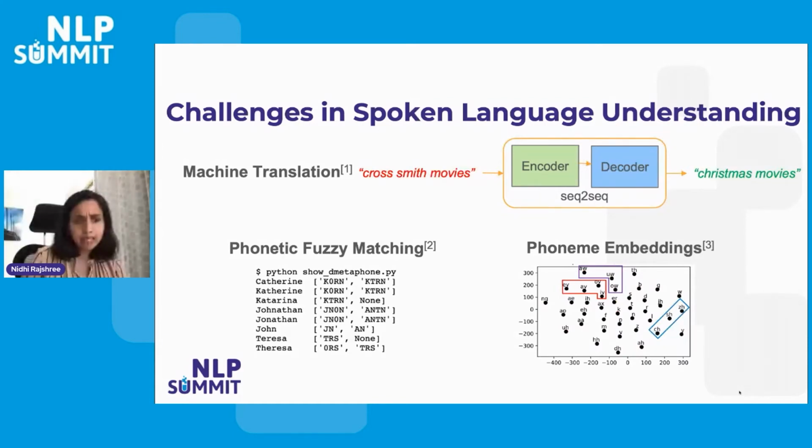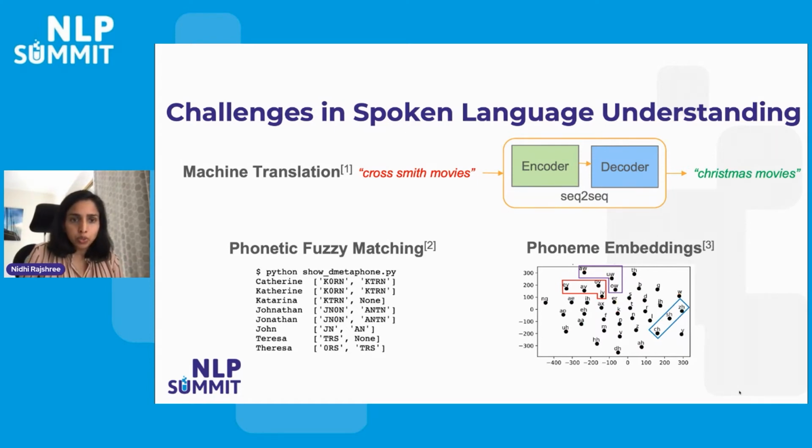The same case with Jonathan, John, and Jonathan without an H, and so on. So these are simple algorithms, but they help: if there's an erroneous ASR utterance or transcription and an entity that have almost a similar phonetic encoding, then we know that they are close to each other.